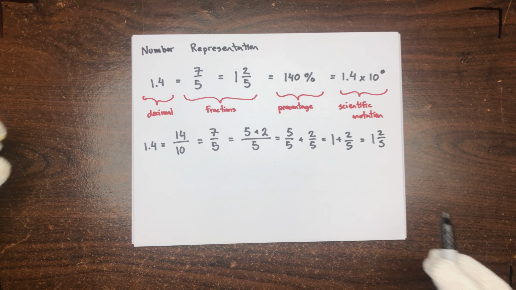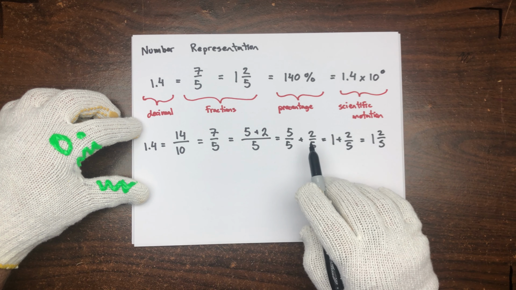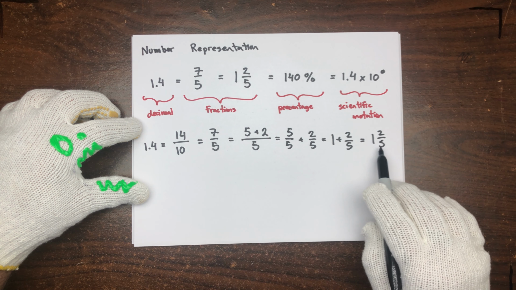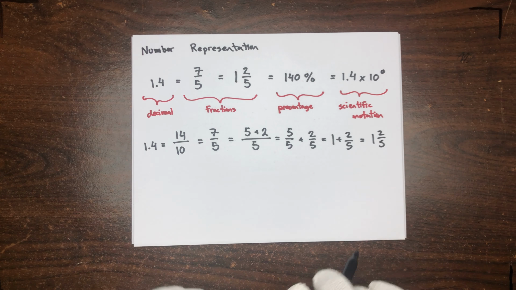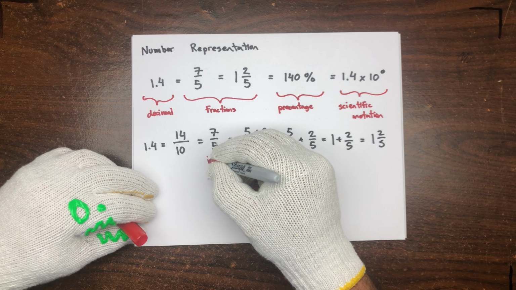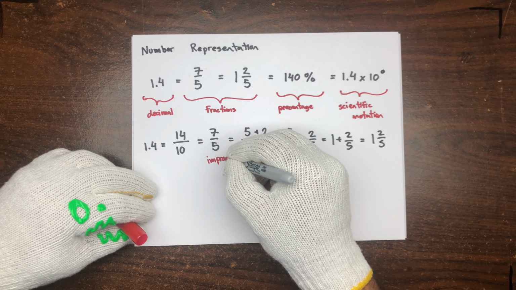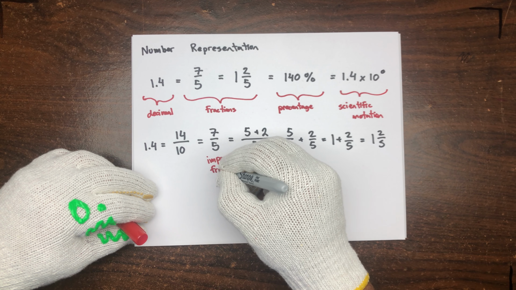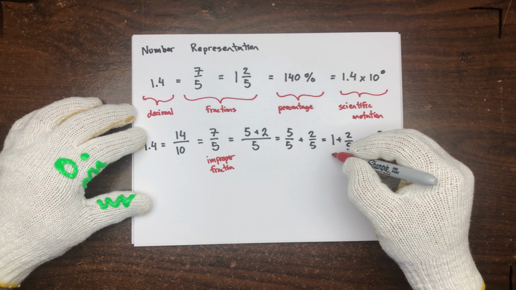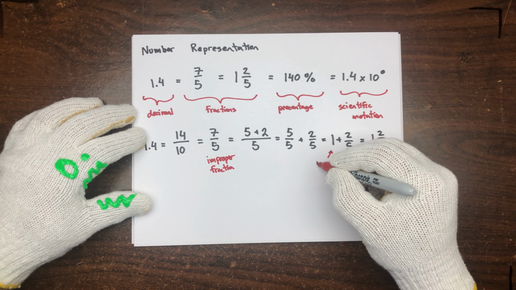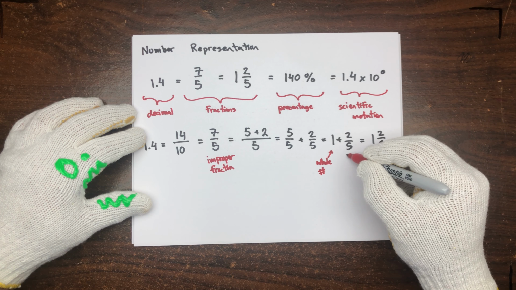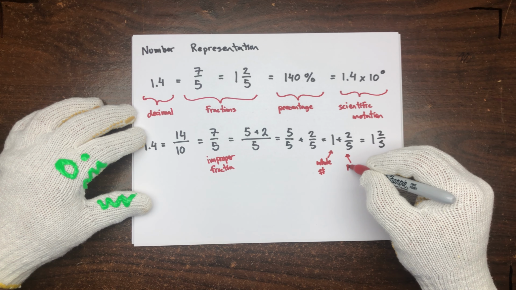Okay, so that is changing from a decimal into an improper fraction or a mixed number. This is a whole number. This is a proper fraction.